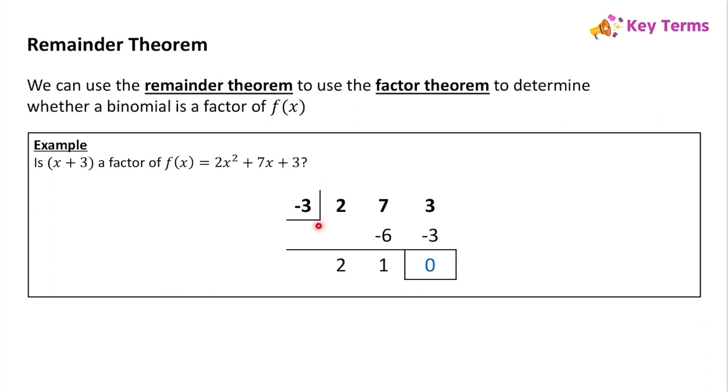So we'd put negative 3 up here in the upper left-hand corner, and we check if f of negative 3 is equal to 0, right? That's what we're trying to do right here. Then we can use synthetic substitution by taking out all these coefficients and following those steps. If we get a 0 as a remainder, that's basically saying that f of negative 3 equals 0. So that's how we can say that x plus 3 is a factor.